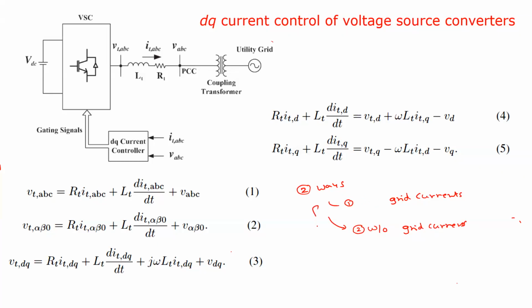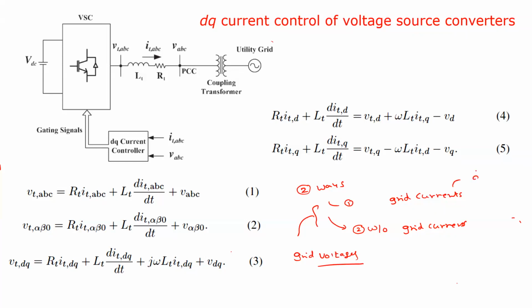Remember, for both techniques you need to measure the grid voltages. Grid voltages we must measure using sensors, but we have an option: either we measure the grid currents, or we control without measuring them.